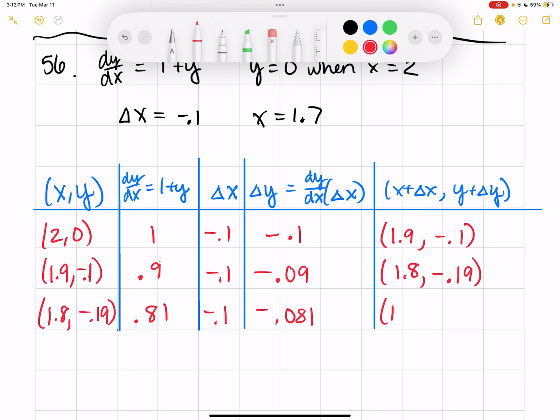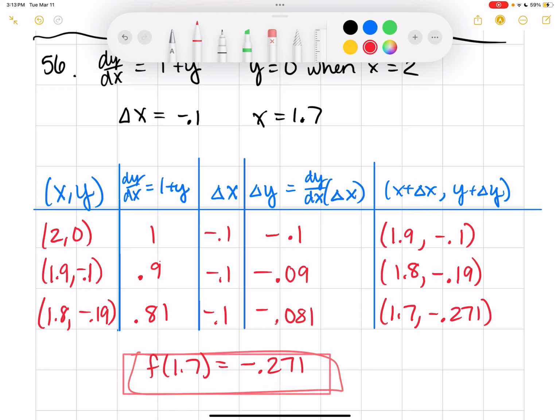So then this is 1.7 and negative 0.271. So then our answer is f of 1.7 is equal to negative 0.271. And we did it.